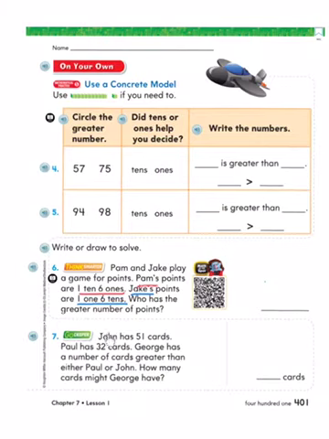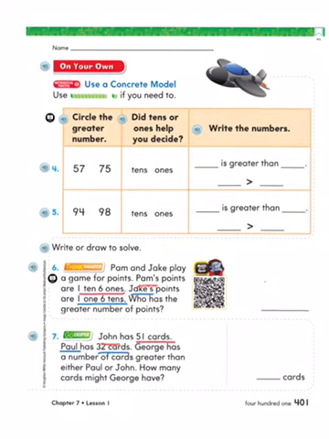And then I'm also going to explain to you number 7. It says John has 51 cards. Paul has 32 cards. George has a number of cards greater than either Paul or John. How many cards might George have? So we have 3 people here actually. We have John, who has 51 cards. We have Paul, who has 32 cards.